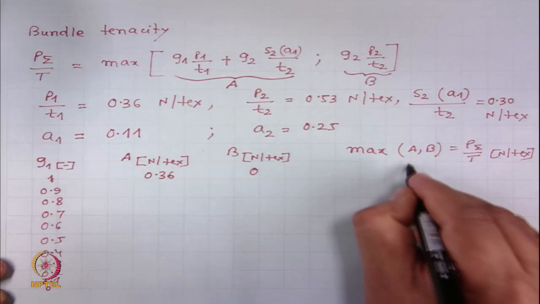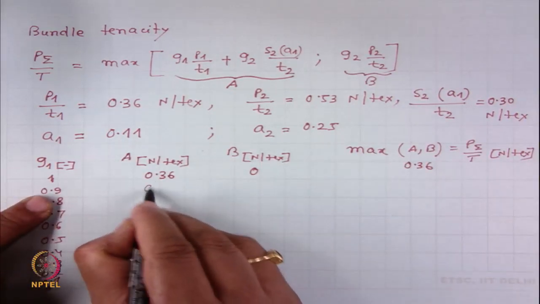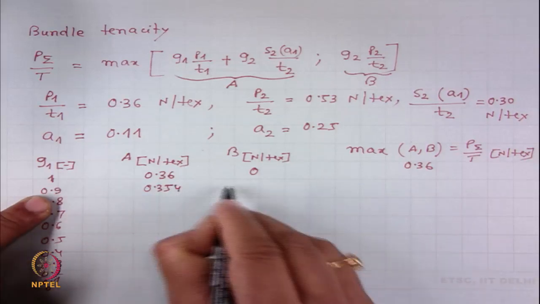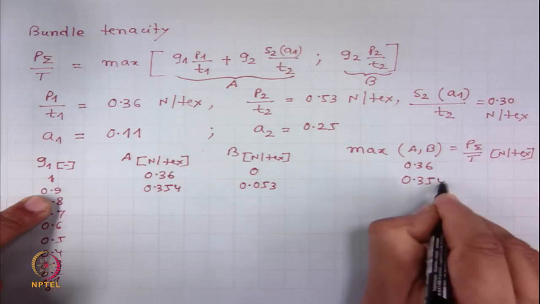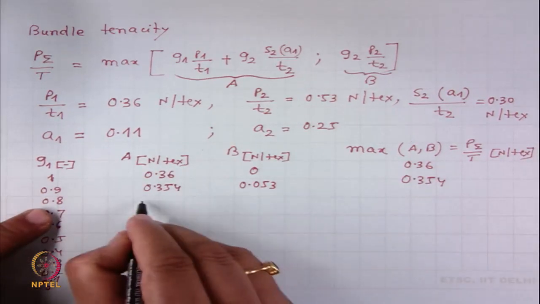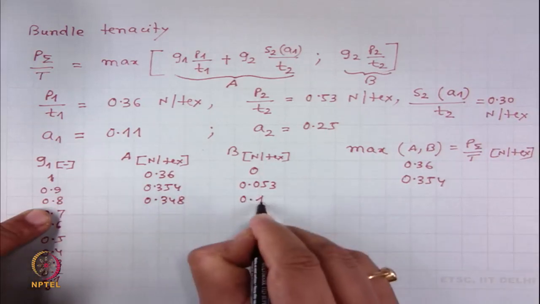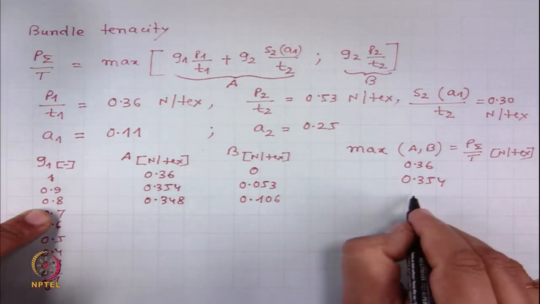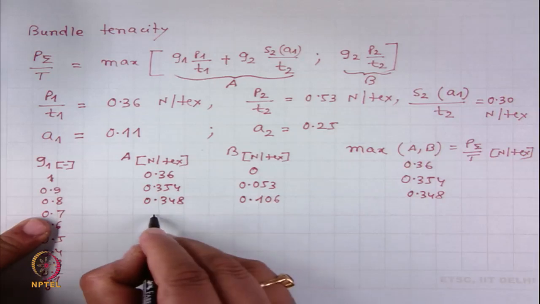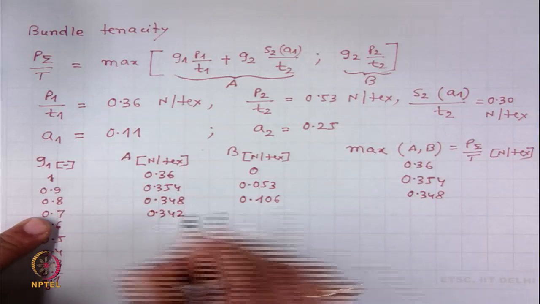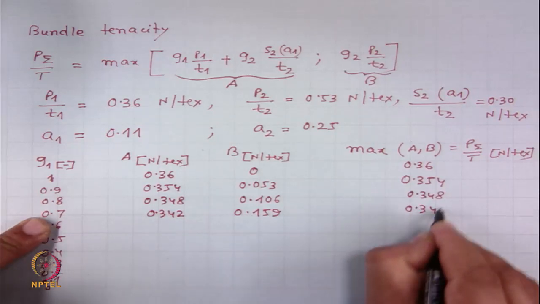So, this value will be 0.360. What is the maximum? 0.36. At 0.9 it will be 0.354 and 0.053. What is maximum? 0.354. At 0.8 it will be 0.348 and this will be 0.106. What is the maximum? 0.348. At 0.7 it will be 0.342, this will be 0.159, what will be maximum? 0.342.